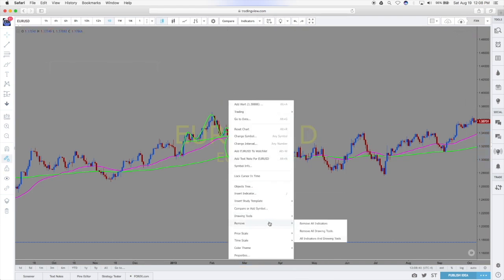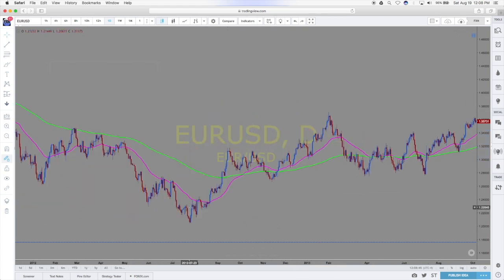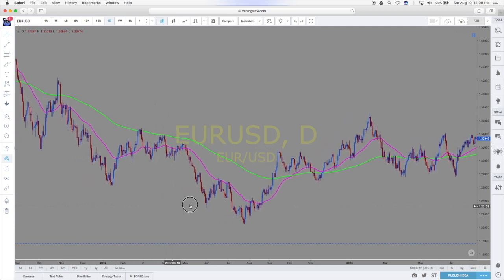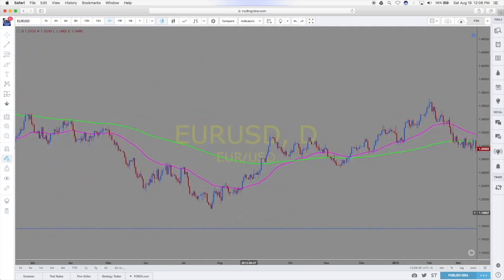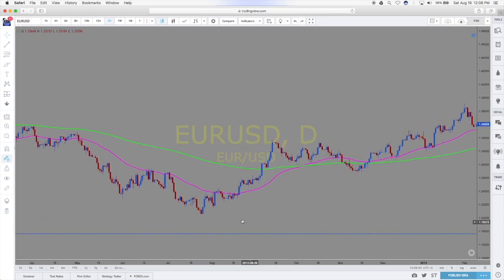All right, let's see if I can find another one here for you. Here's another head and shoulders. This is an inverse head and shoulders. There's the shoulder, the head, the other shoulder, and then you'd be buying.